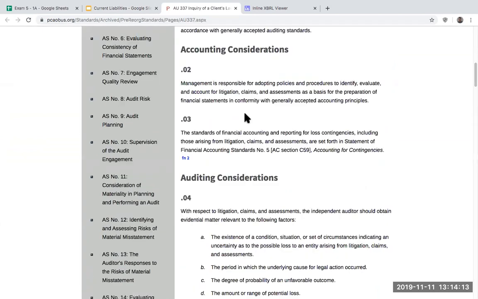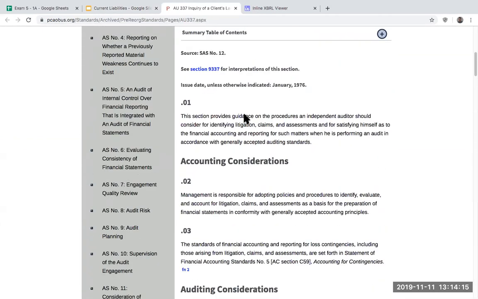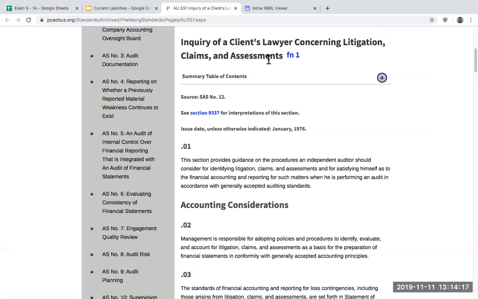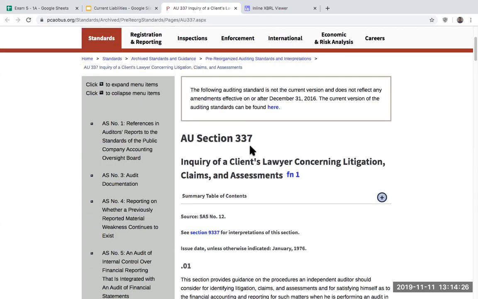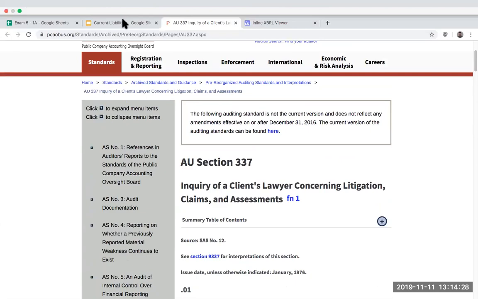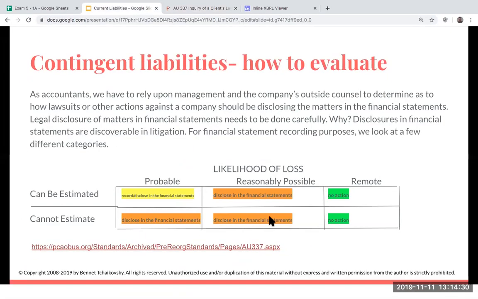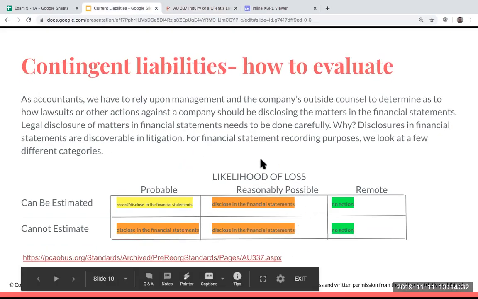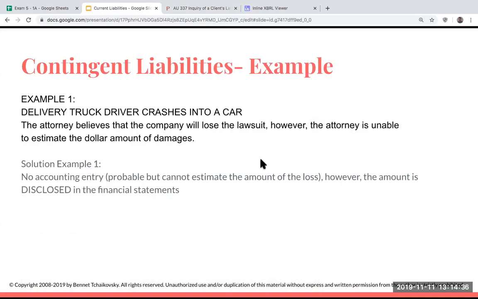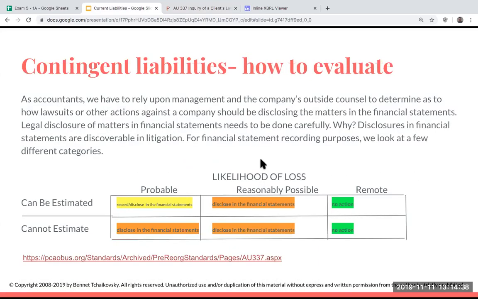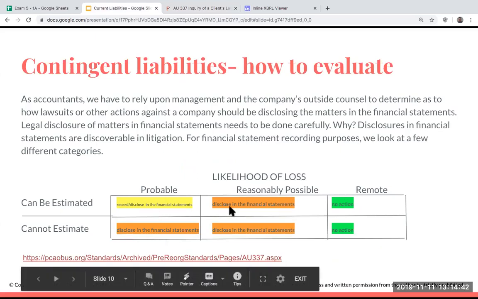This talks about how we inquire with a client's attorney concerning litigations, claims, and assessments. This is something that's really important for us as auditors. But again, going back over here, this is going to be given to us by the company's attorney. In terms of going through and recording it on the financial statements, that's what we're going to be responsible for. But this is the way we want to take a look at this.